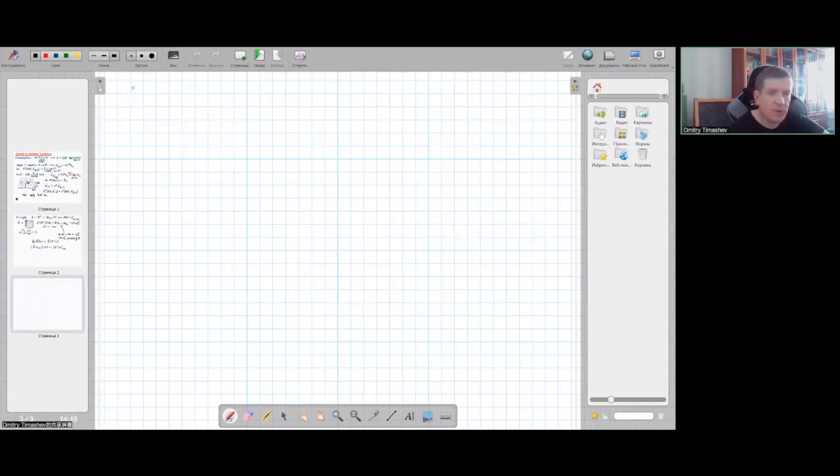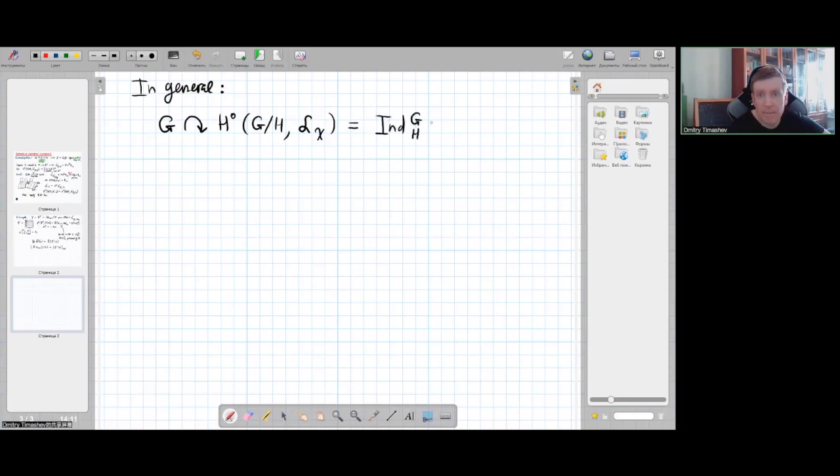So let me write it down: in general, the representation of G in the space of sections of a homogeneous line bundle over some G mod H associated with some character chi of H, as we wrote before. In other notation, it is the induced representation, the representation induced from this character chi. In general, it is reducible.